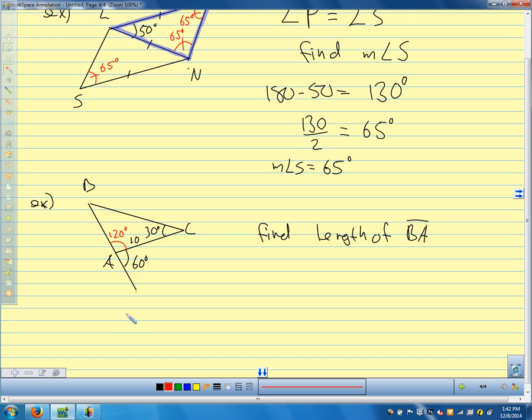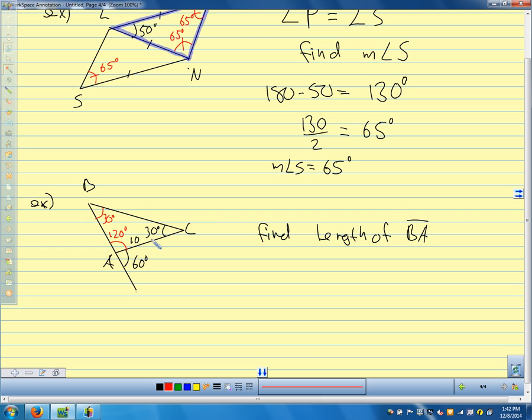Now what can we figure out? Right? So we know the remote interior angles. That's one way we could look at it. It has to equal 60. So what does this one have to equal? 30. What's another way we could figure that out? 180 minus 120 minus 30. So we figure out that angle is 30 degrees.